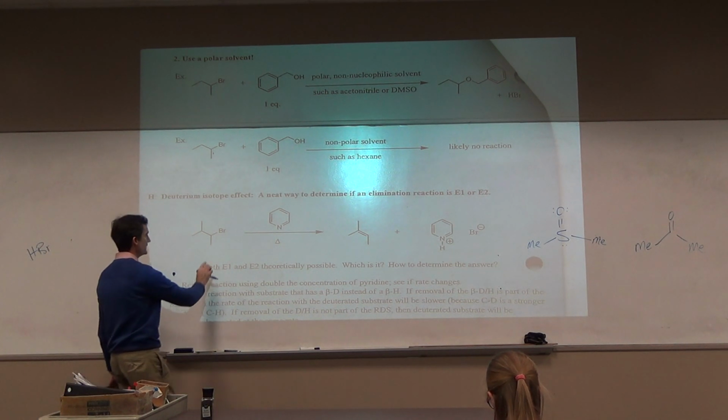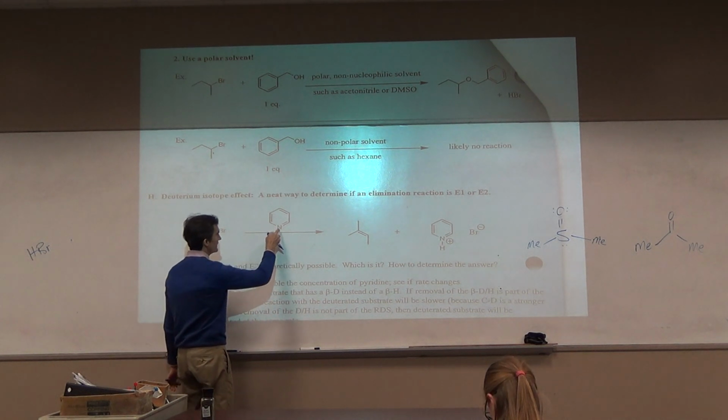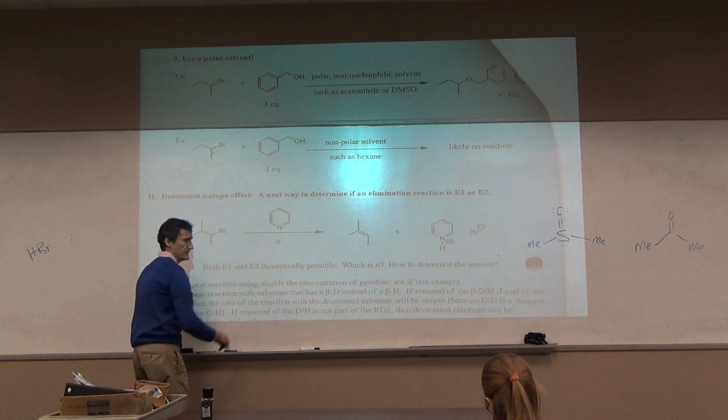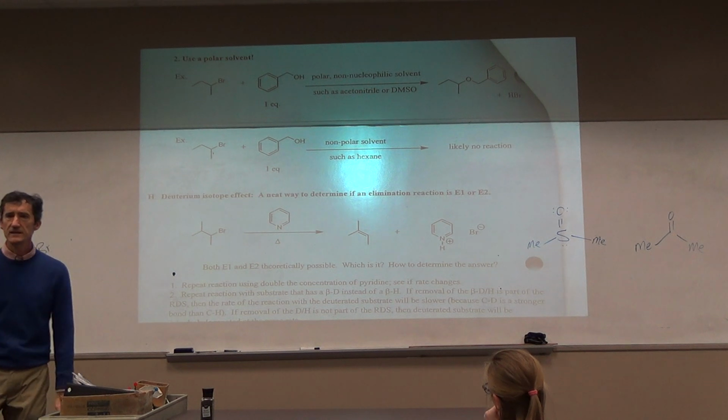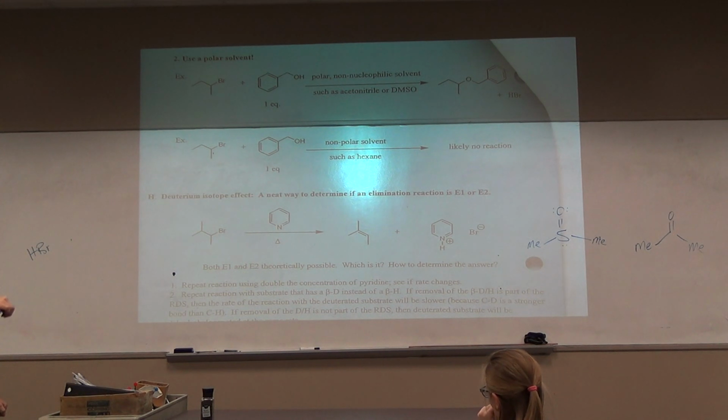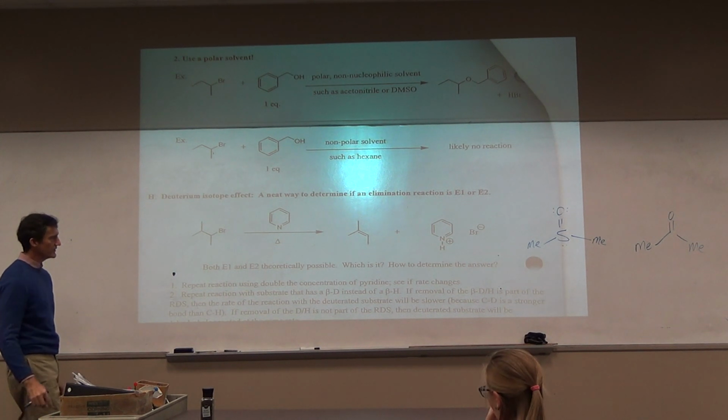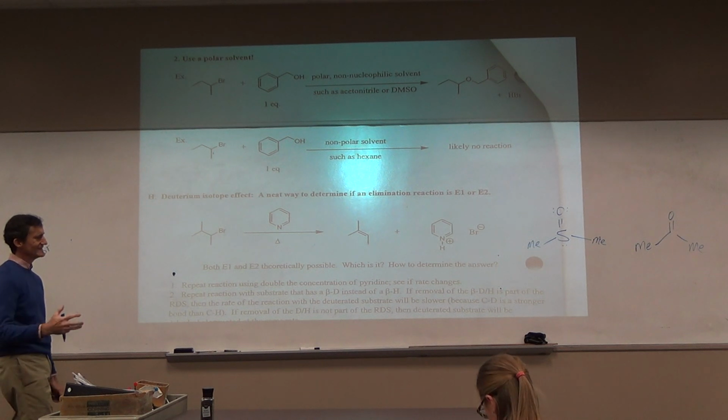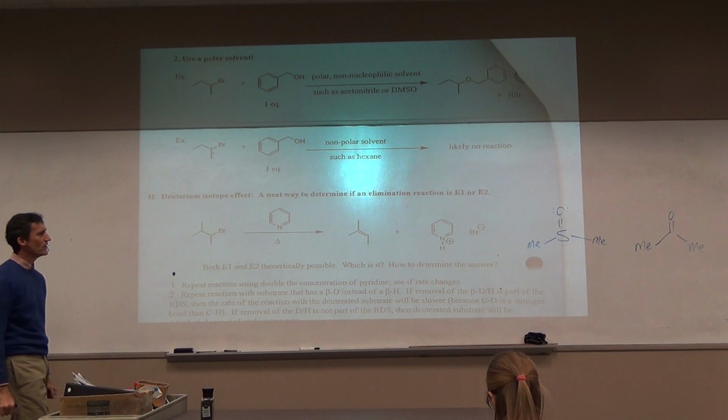Okay, consider this reaction. You take this substrate and react it with this guy. Anybody know the name of that? Benzene with a nitrogen instead of one carbon. Pyridine. It's kind of a weak base. I wouldn't call it strong.